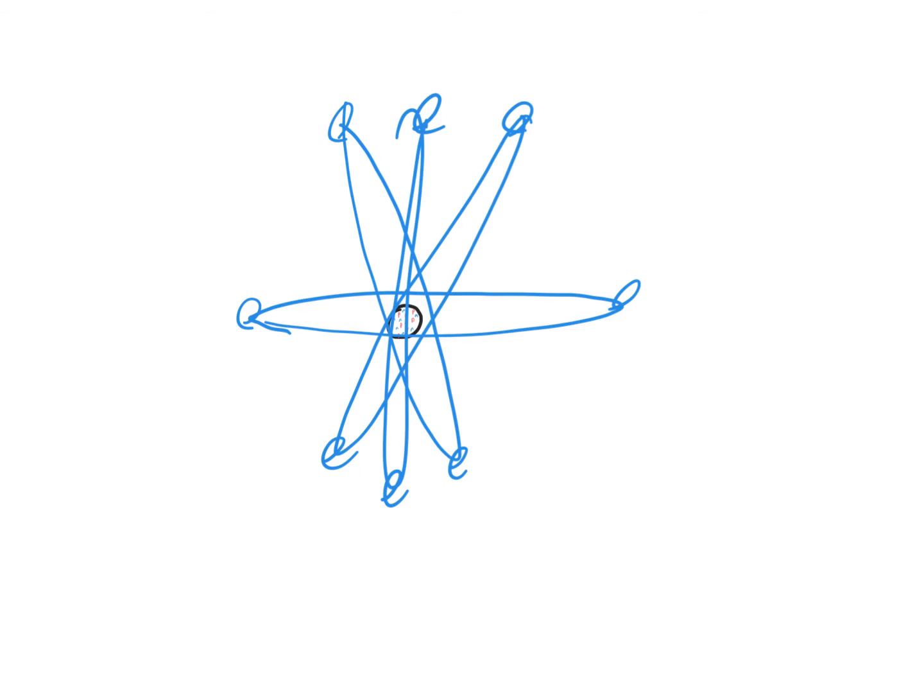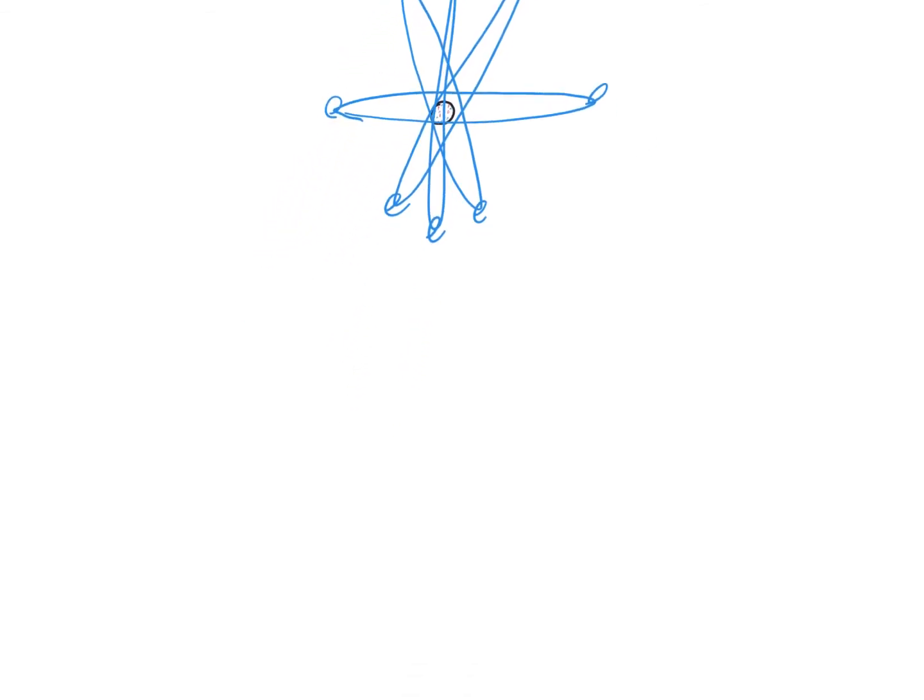So let's move away from this cartoon drawing and do a different cartoon drawing. These electrons can be in different orbitals, and those different orbitals have different energies.